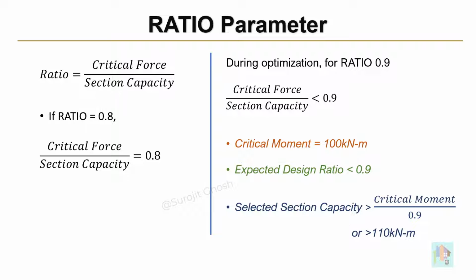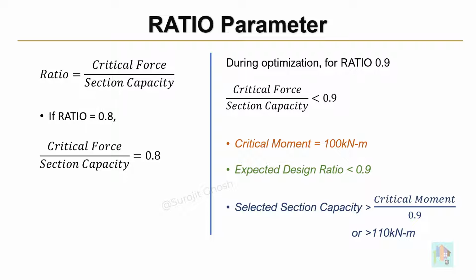Specify a ratio parameter as 0.9, which will limit the maximum capacity as 90% of the section capacity value, and instruct STAAD to select a section with 10% reserve strength. For this example, with ratio 0.9, program will select a section with capacity more than 110 kN.